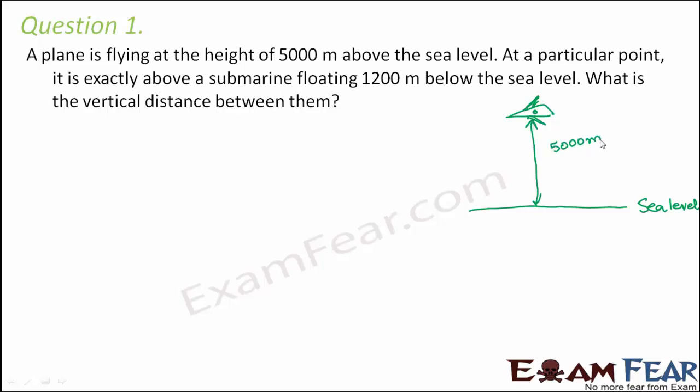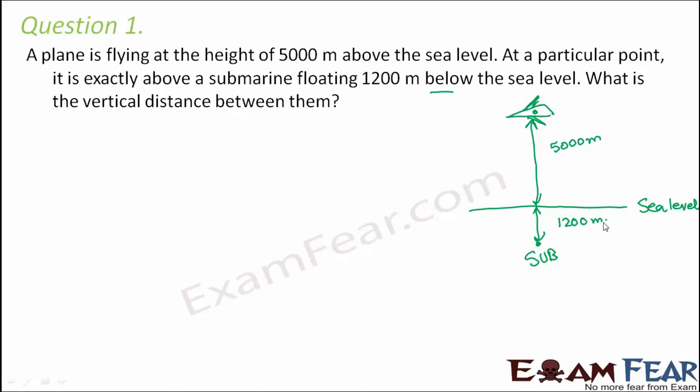And at a certain point it is exactly above a submarine floating 1,200 meters below the sea level. So where is the submarine? The submarine is somewhere here, and the distance of the submarine from the sea level is 1,200 meters.